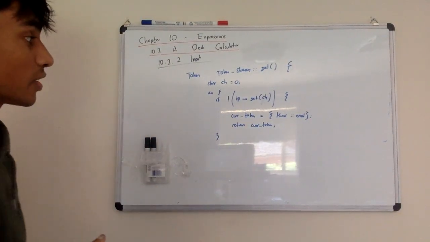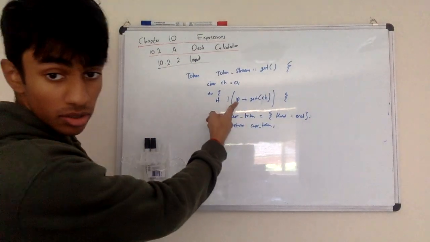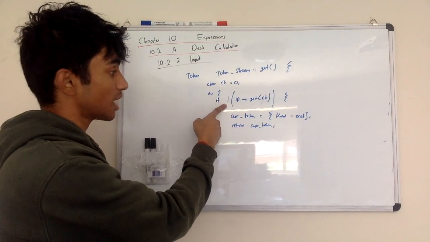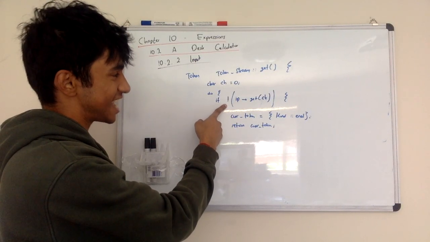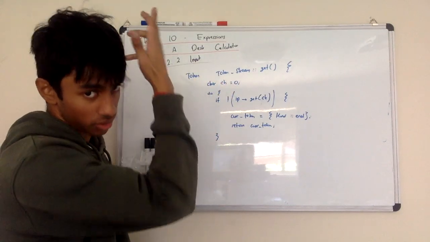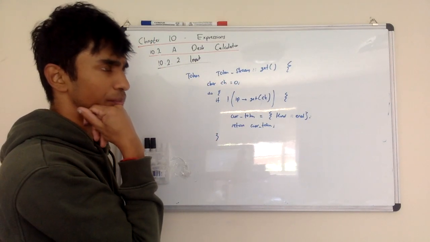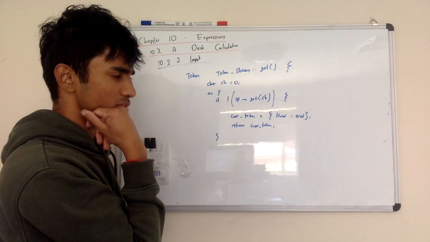Okay, hopefully that makes sense. In essence, we're reading in the next character in the input stream by doing this, but if it's not a valid character, because it's something weird, like a control D kind of thing, or what else?